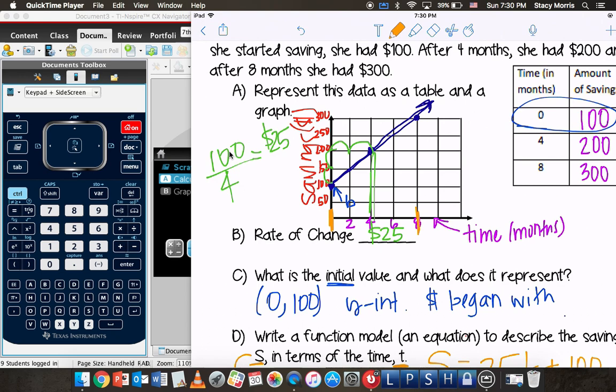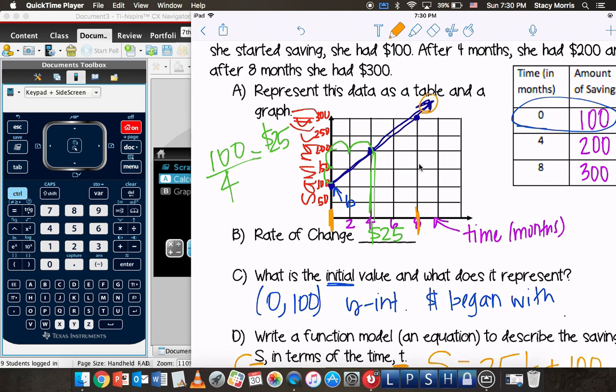We're assuming that she stopped saving at 8 months. So the arrow I put on the end would be incorrect if we assume she stops at 8 months, because her savings isn't going to go beyond that. In the real world, if she kept saving, then it would keep going, but we just don't really know.